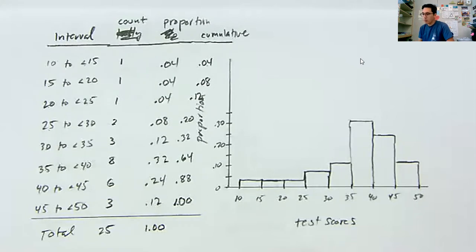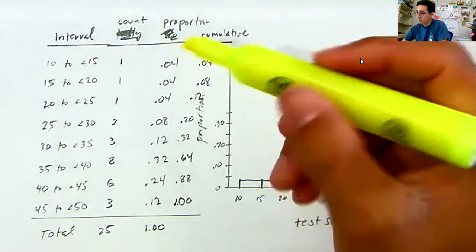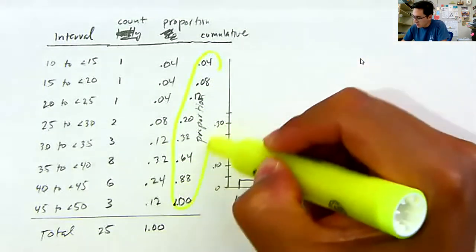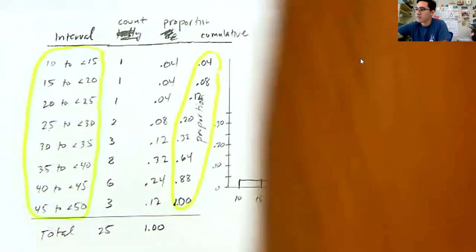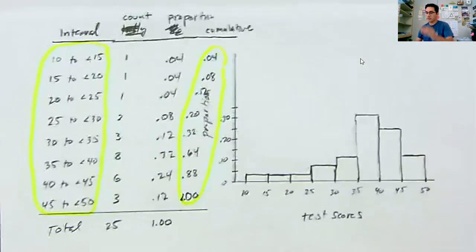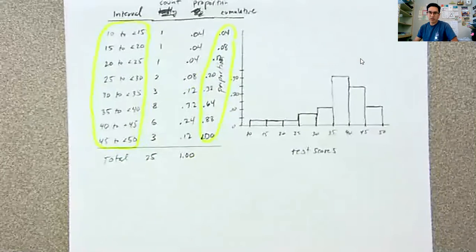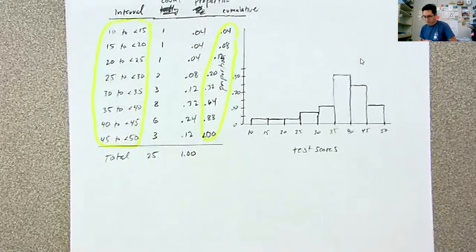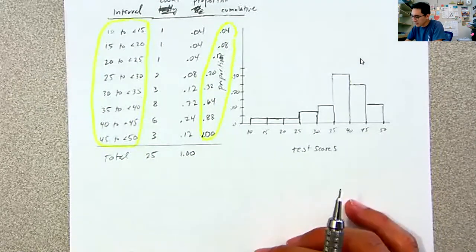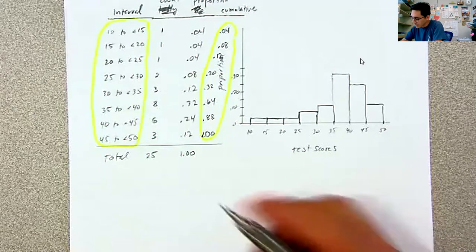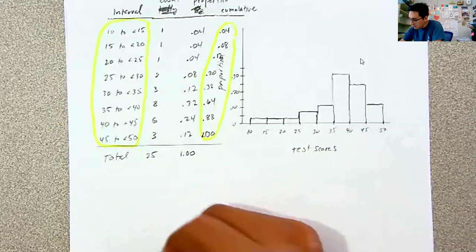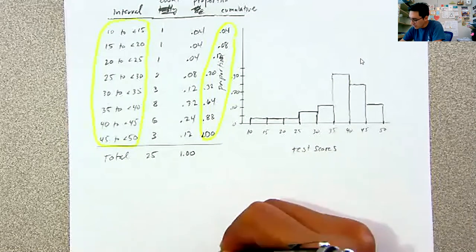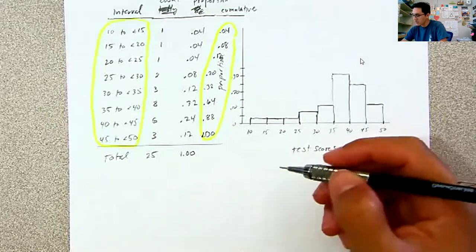All right, so now what we're going to do is take these cumulative percentages and graph those against the intervals, or the test scores. Zoom out a little bit there. All right, so we need 10, 15, 20, 25, 30, 35, 40, 45, 50.